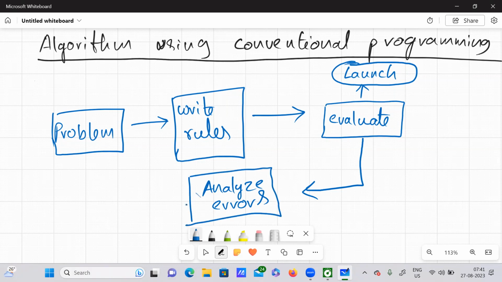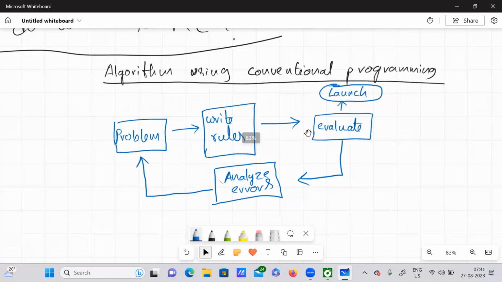After analyzing the errors, again we approach our problem, understand it again, and write the rules, this time somewhat better than the previous one, and again we evaluate that. After evaluation, if it is all set to go, then we usually launch this algorithm. So this is the conventional method of writing an algorithm.